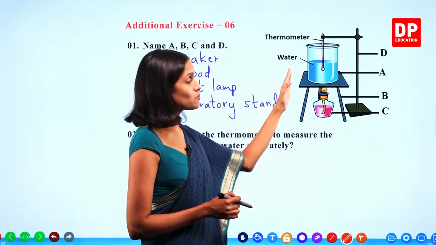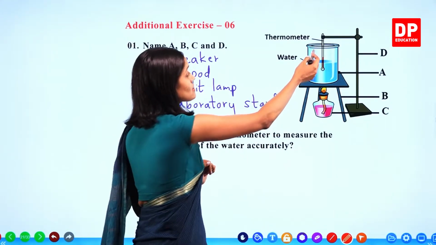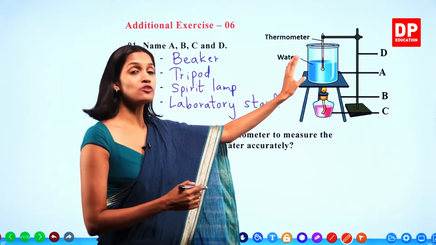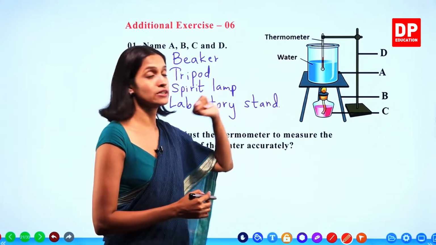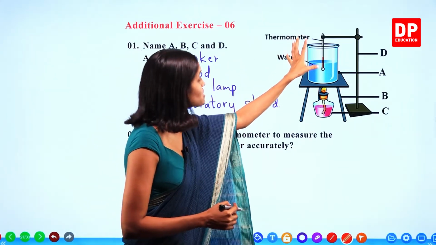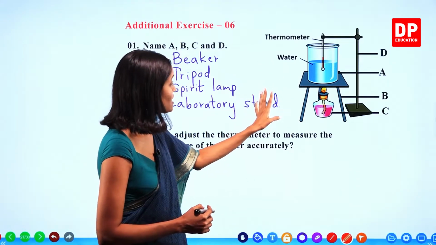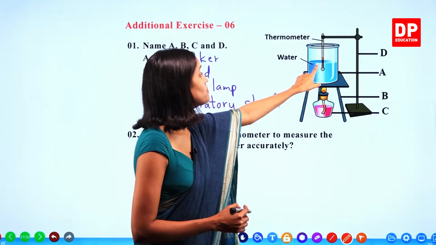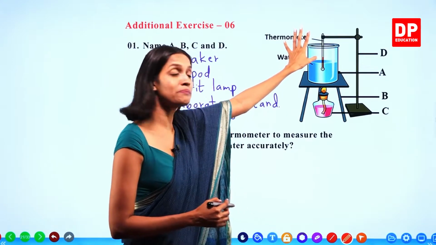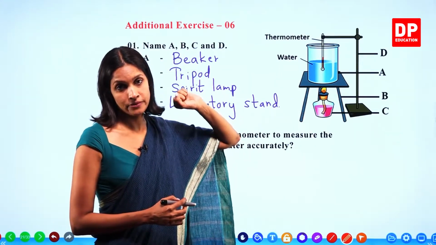How to adjust the thermometer, children? When you fix the thermometer, we are going to measure the temperature of water. So if you want to measure the temperature of water or any other liquid, you all know that you have to immerse the bulb of the thermometer completely in water.